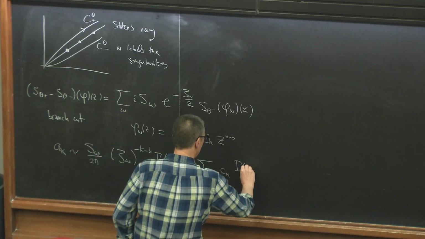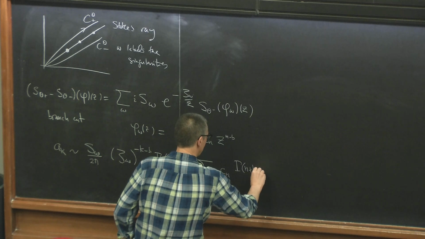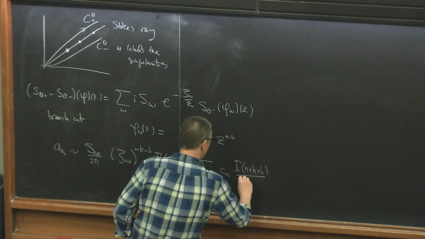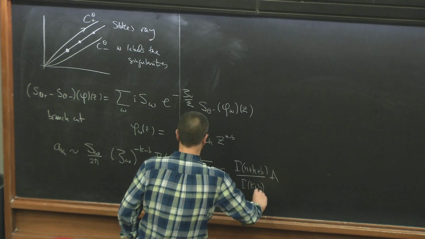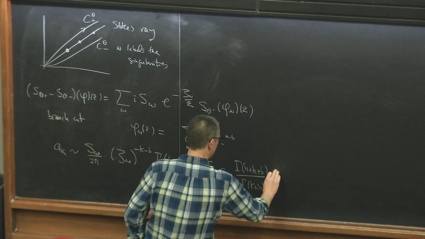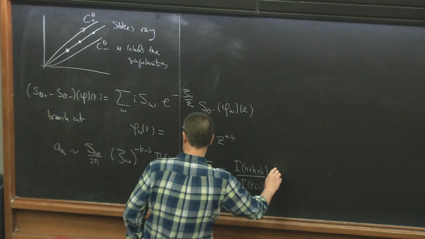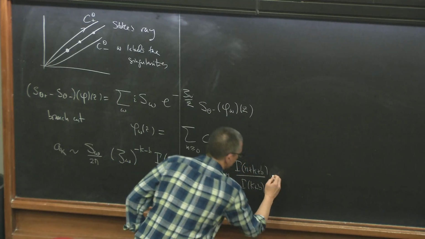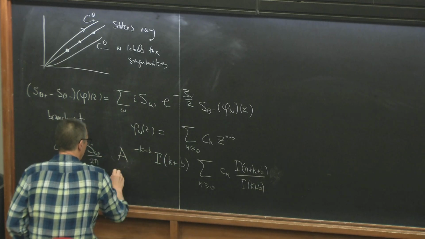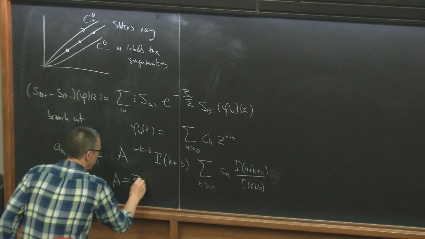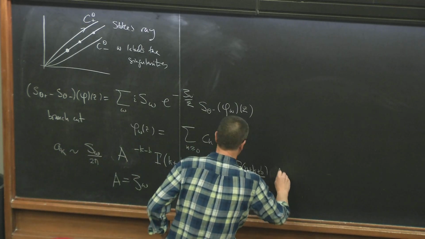So we have n plus k plus b divided by gamma of k plus b, and then A to the minus n. Let me call this the leading singularity A. So A is the location of the leading singularity.